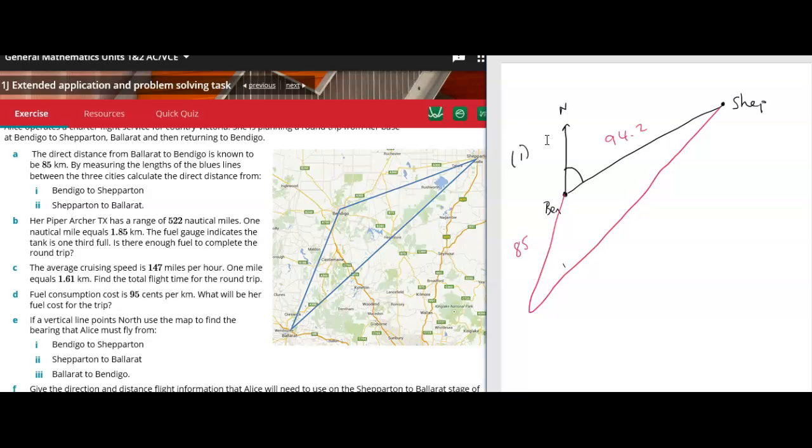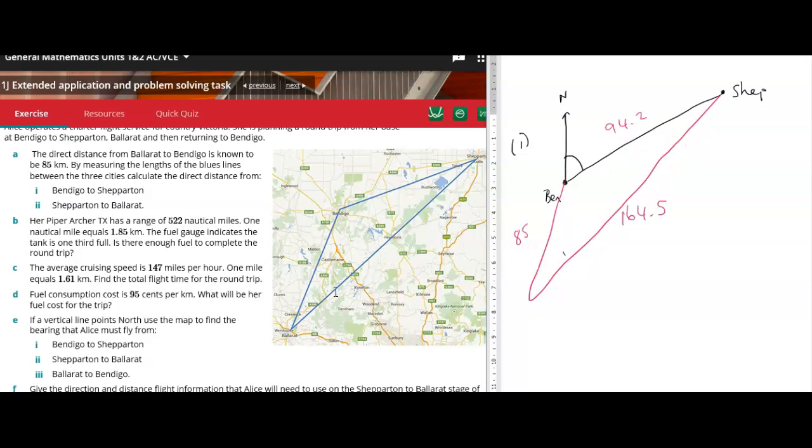Now, I have been thinking about this question. Unless you've got an angle, you actually have no idea what the bearing is. Because this is an actual map, you can find this angle just using a protractor. I've just looked at the answers because, when you're a bit stuck, you can use the answers to help you. And there's no working out.